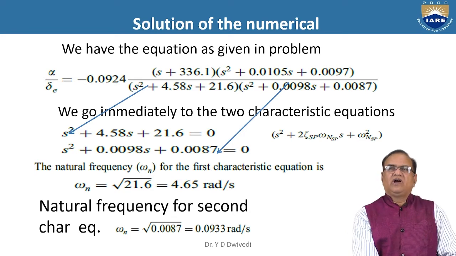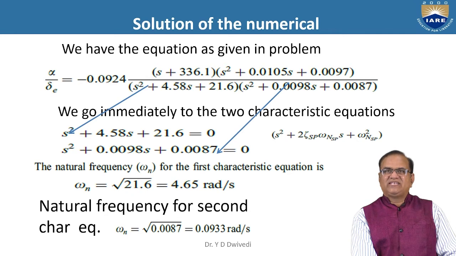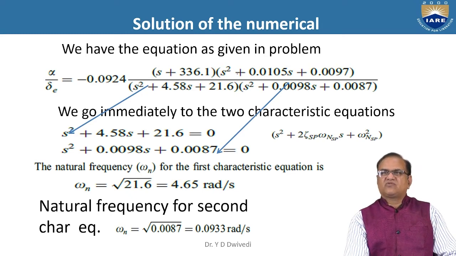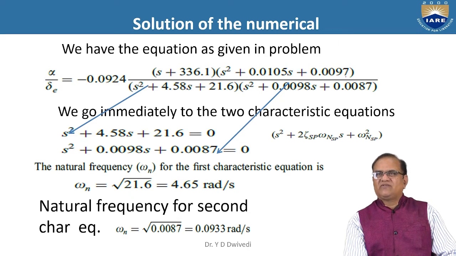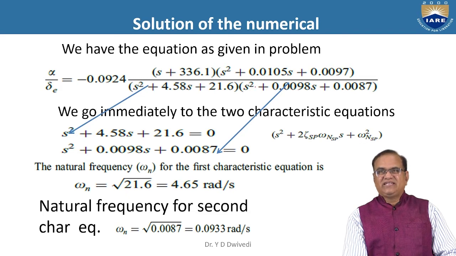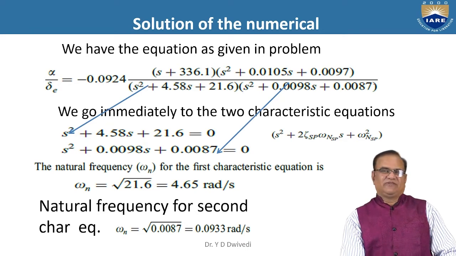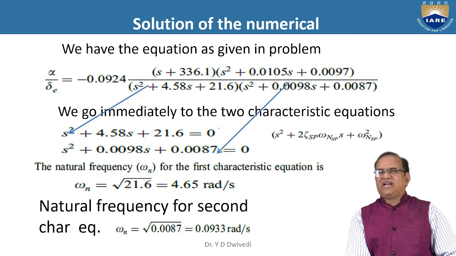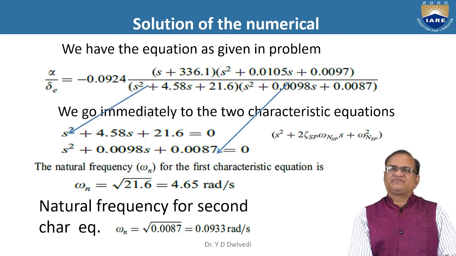Alpha by delta E is equal to minus 0.0925 s plus 336.1 in one bracket, another is s square plus 0.0105 s plus 0.0097, divided by s square plus 4.58 s plus 21.6, and another equation s square plus 0.0098 s plus 0.0087. So now we know that these are the characteristic equations.